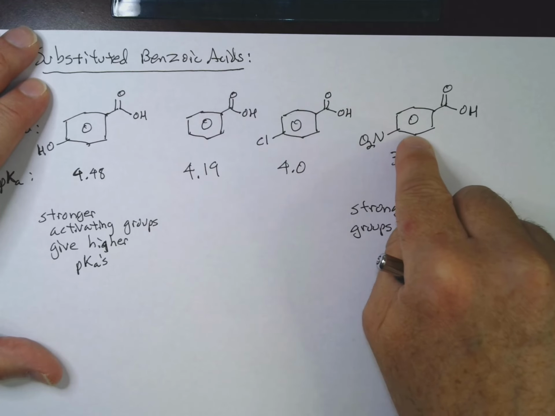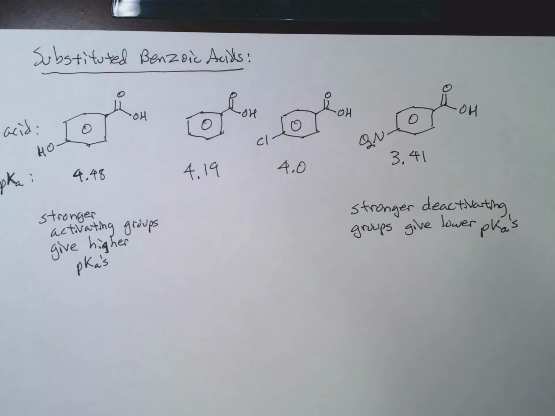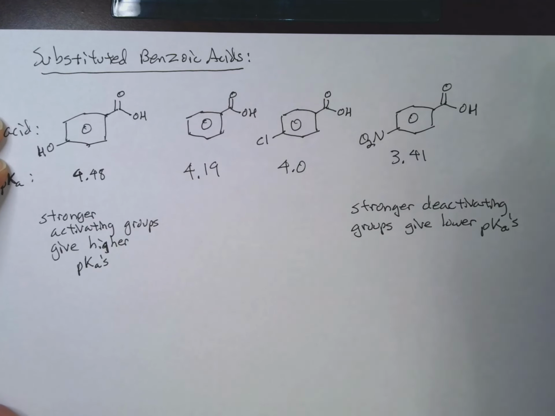So again, it's an inductive effect and takes place via the aromatic ring there. But it is noticeable. And one interesting thing, the text mentions this: you can actually use this to figure out if a given substituent is activating or deactivating.